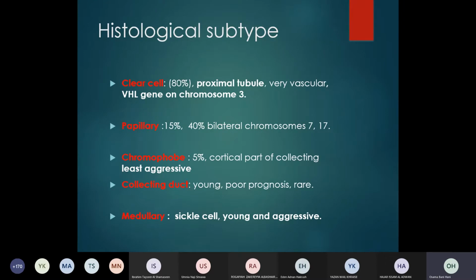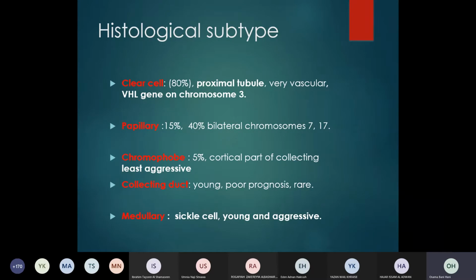The other types: around 15% are papillary, usually 40% are bilateral, and the gene abnormality is found in chromosome 7 or 17. Less, around 5%, are chromophobes. Usually it arises from the cortical part of the collecting ducts, and it is the least aggressive type of the tumor, surgically.